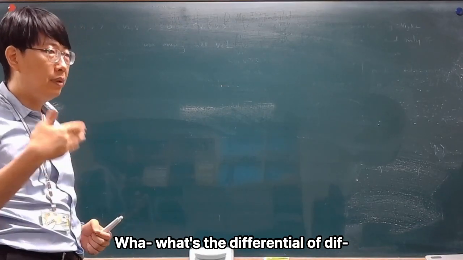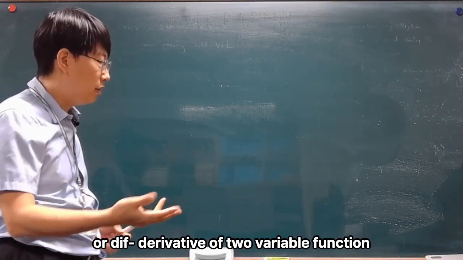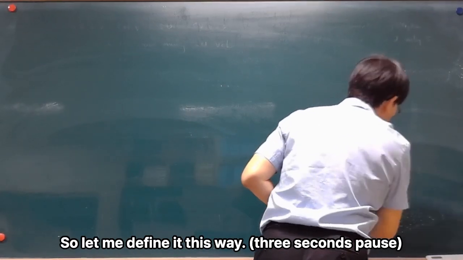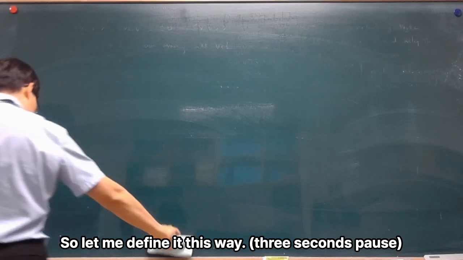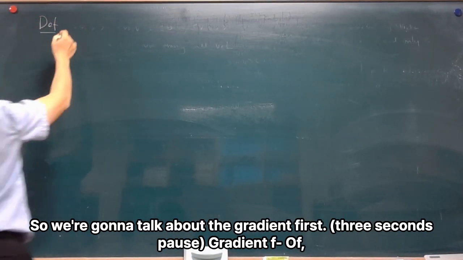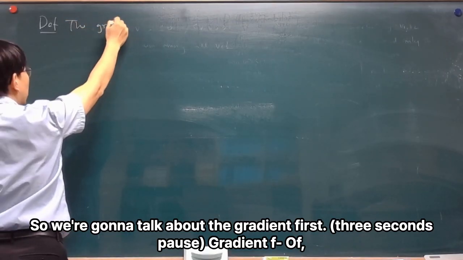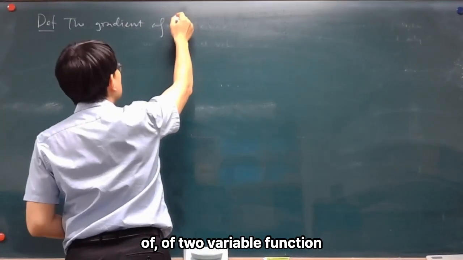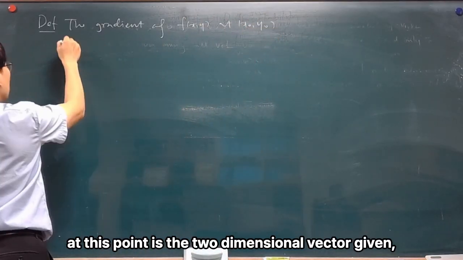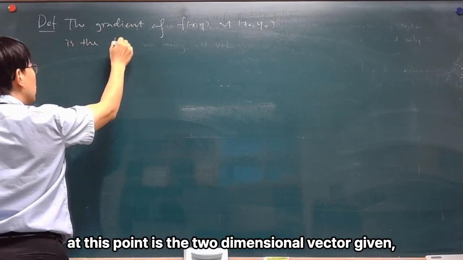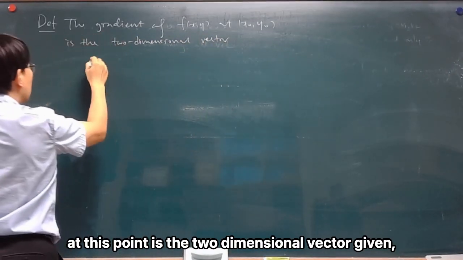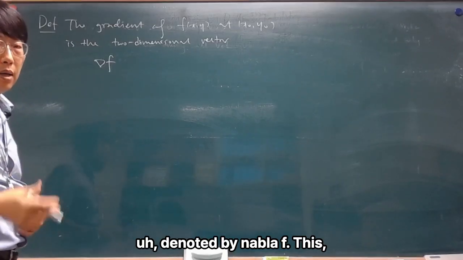What's the differential or derivative of a two-variable function when it's differentiable? So let me define it this way. We're going to talk about the gradient first. The gradient of a two-variable function at this point is the two-dimensional vector denoted by nabla f.